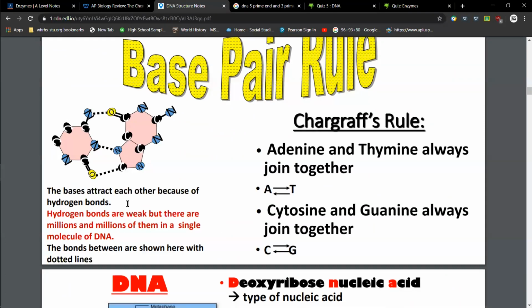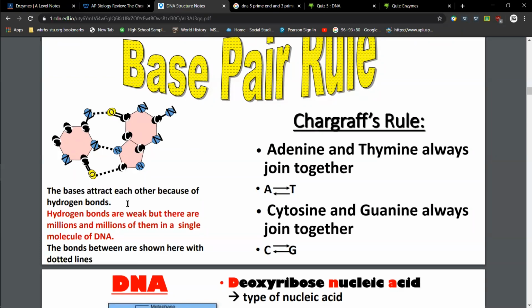Hydrogen bonds are generally considered weaker bonds because there's no actual physical exchanging of electrons as in covalent and ionic bonds, and they're just based off of slight charge differences between the molecules. But there's millions or trillions of base pairs in the cell, and because of that, that actually provides a really strong seal to the DNA. It's actually one of the strongest molecules because of the amount of hydrogen bonds it has.